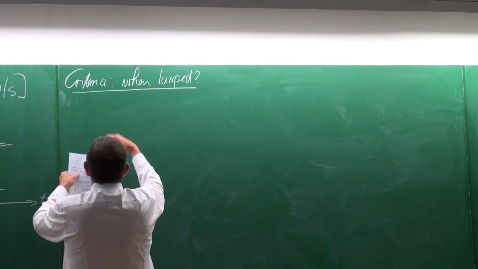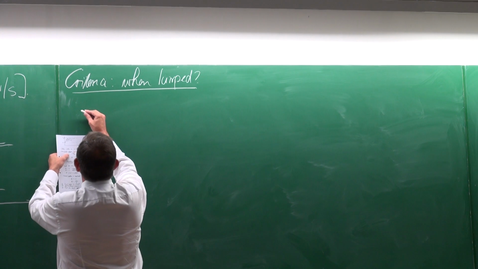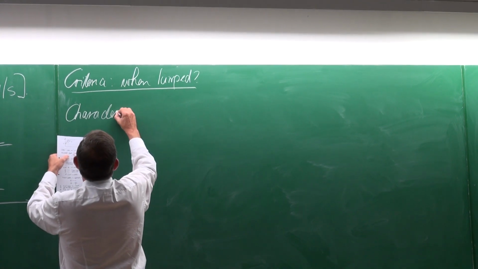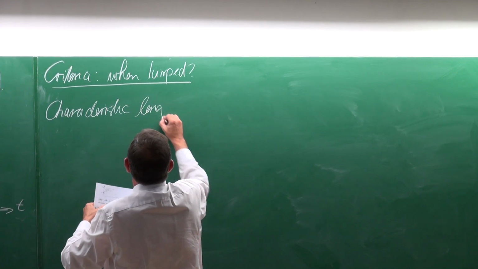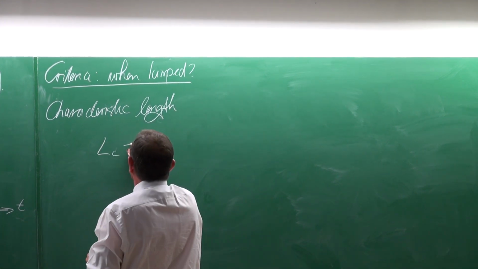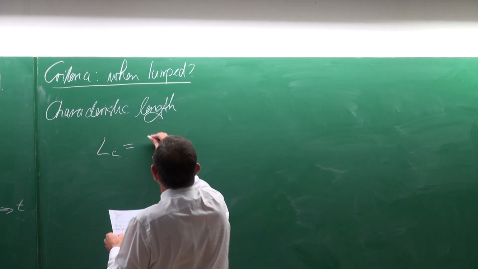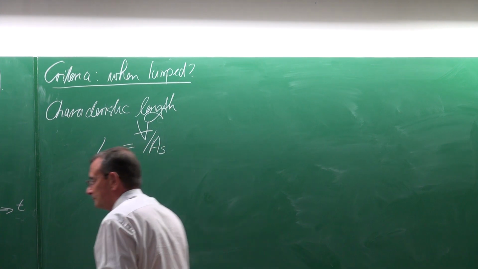Well, before we answer that, one of the things that is being used is the characteristic length. The characteristic length L_C is equal to the volume divided by the surface area.